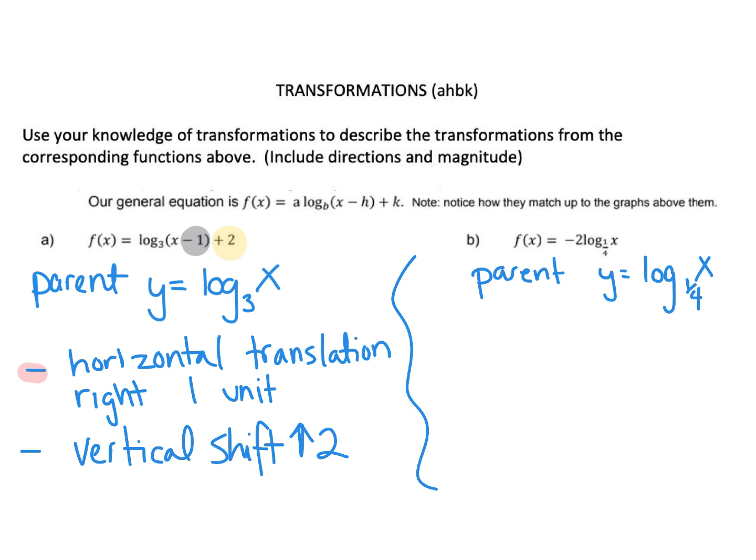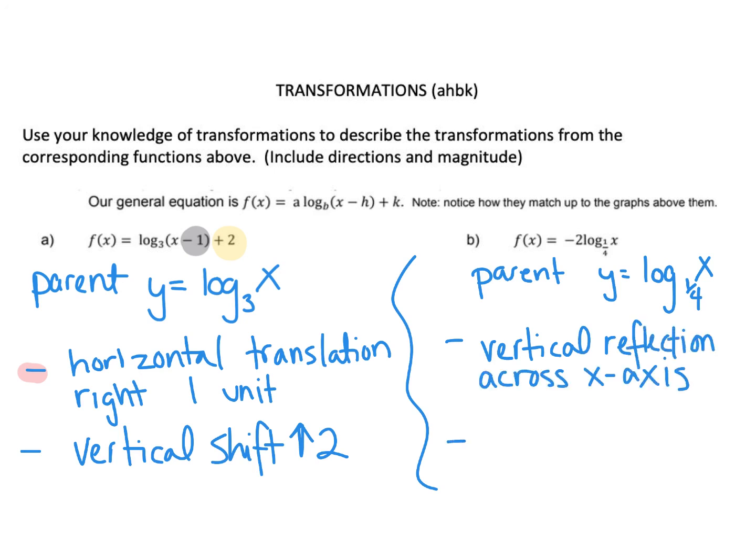Well, we have an a value this time, a -2 out front. So the negative will do a vertical reflection across the x-axis. And then the 2 is going to stretch it by a factor of 2.